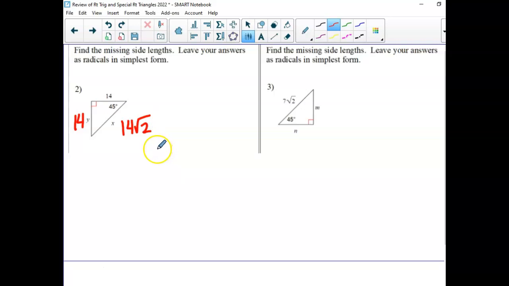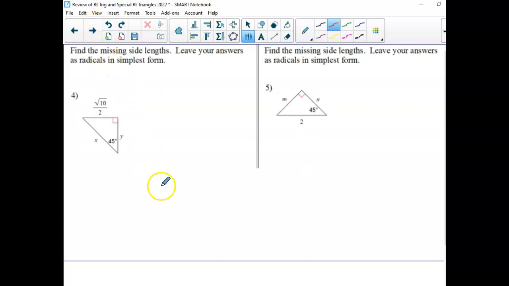This is the next page in your notes, right? Okay, for number 3, if you're using the same pattern and you already know that this is 7 times the square root of 2, well, you take the square root of 2 off, and that means each of the legs has to be 7. Easy peasy so far? Okay.